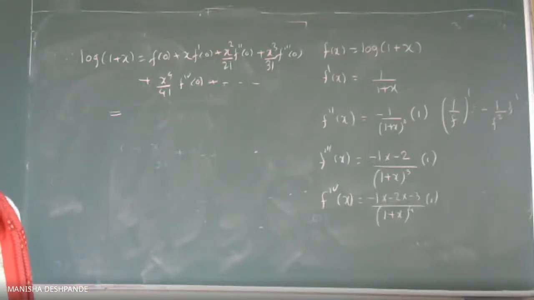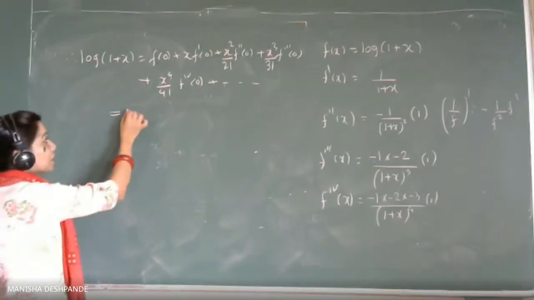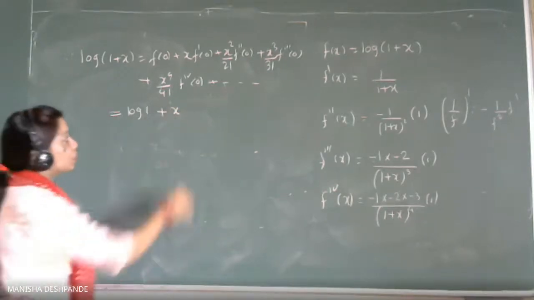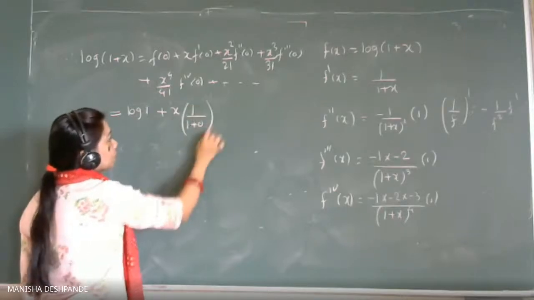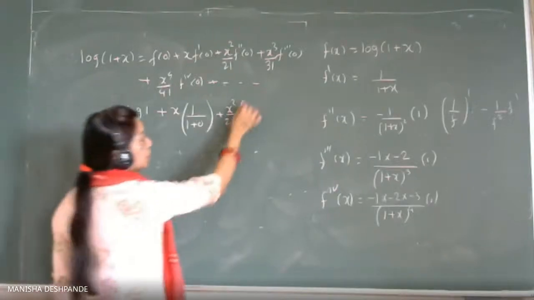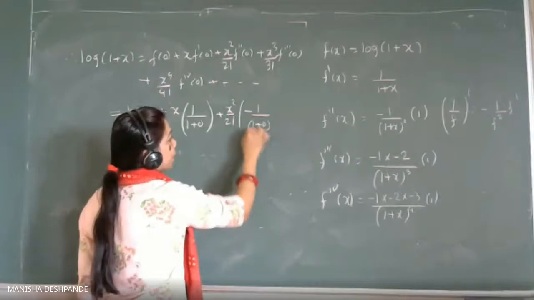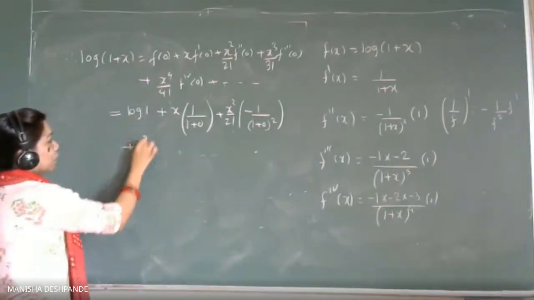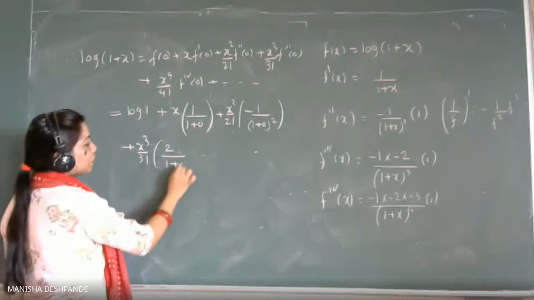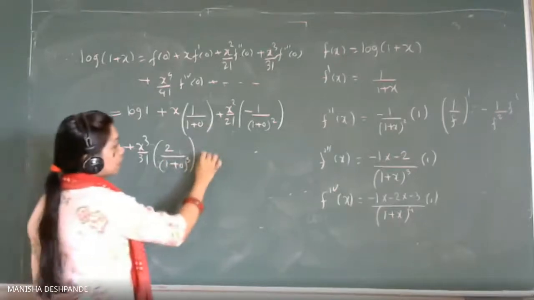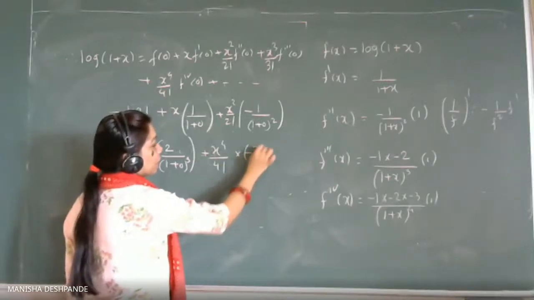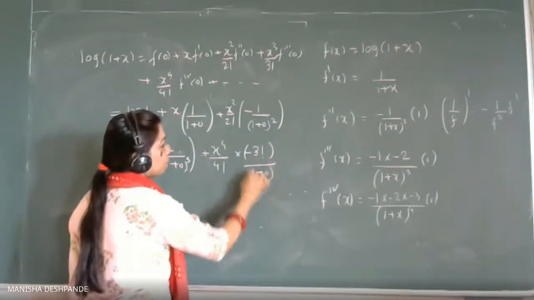Log 1 plus x into f dash of 0, so it is 1 over 1 plus 0, plus x square by 2 factorial into minus 1 over 1 plus 0 square, plus x cube by 3 factorial into 2 upon 1 plus 0 the whole cube, plus x raised to 4 upon 4 factorial into minus 3 factorial divided by 1 plus 0 raised to 4, and plus dot dot.